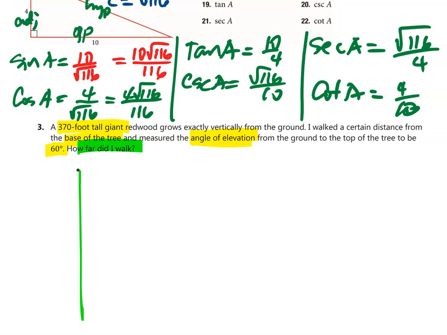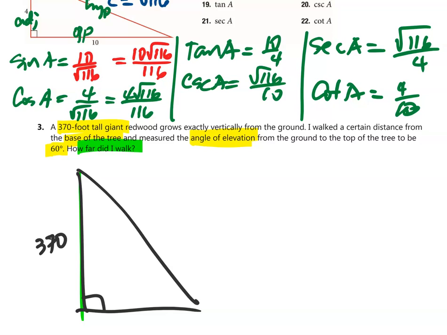Oops. So again, we have the redwood height is 370 feet and the angle of elevation is 60 degrees, and we want to solve how far did I walk.